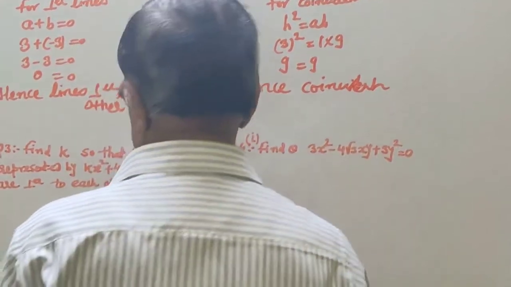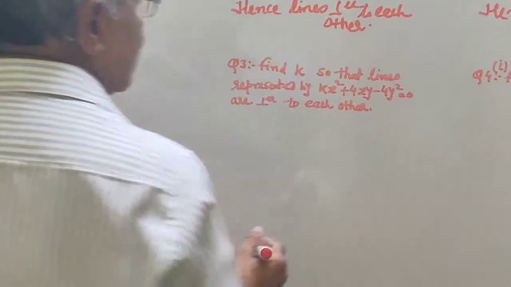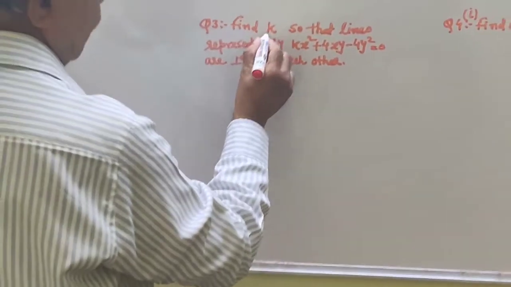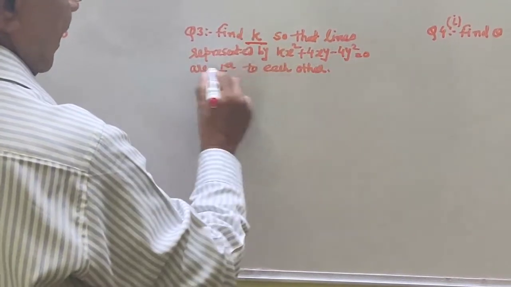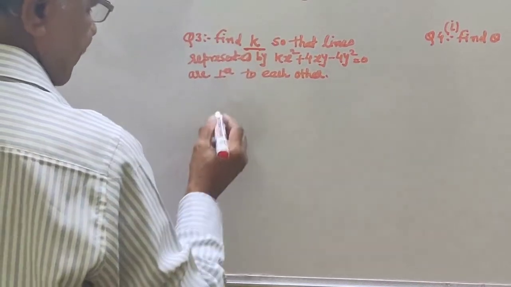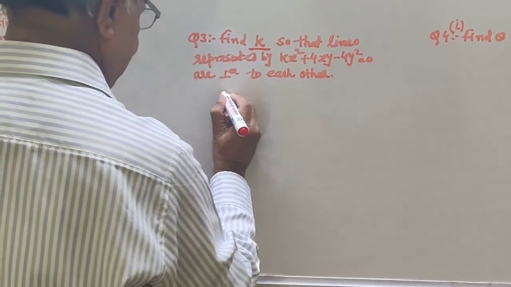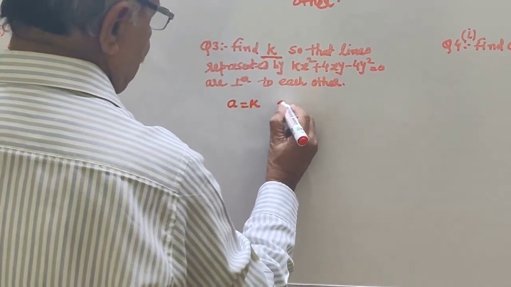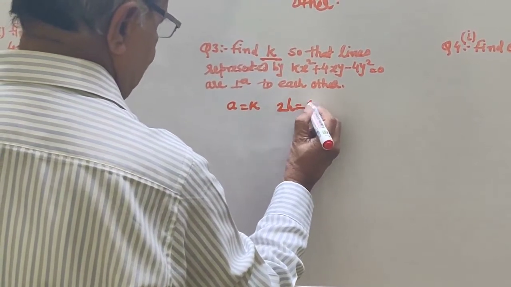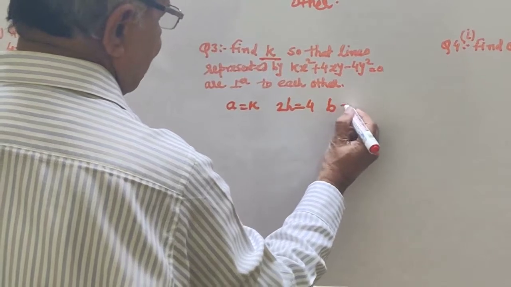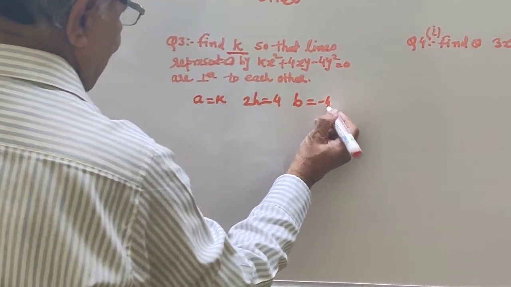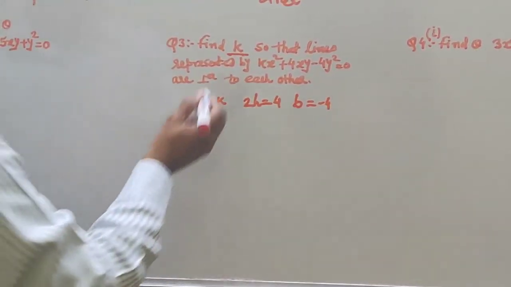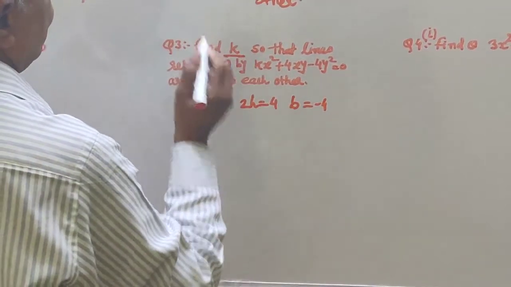Okay. Now we will go to solve the third problem. Find the value of k so that the lines are perpendicular to each other. Now I will write down the coefficients. a is equal to k, 2h is equal to 4, okay, and b is equal to minus 4. Now I know the condition: they are perpendicular to each other.